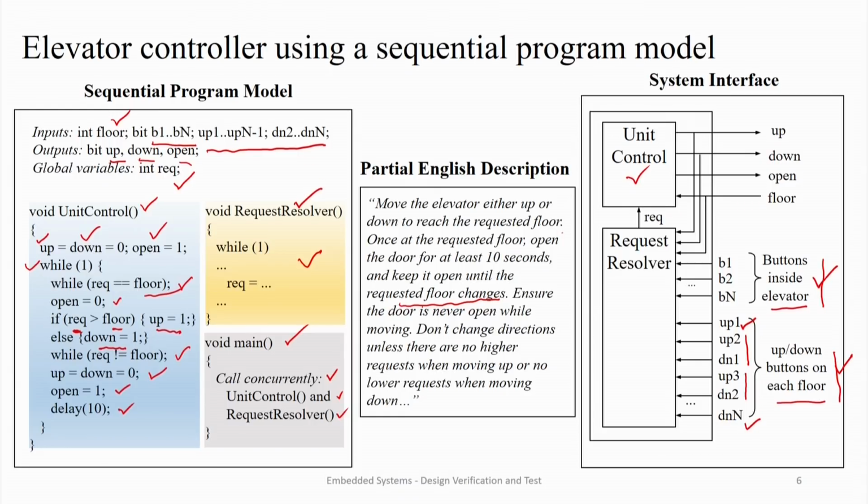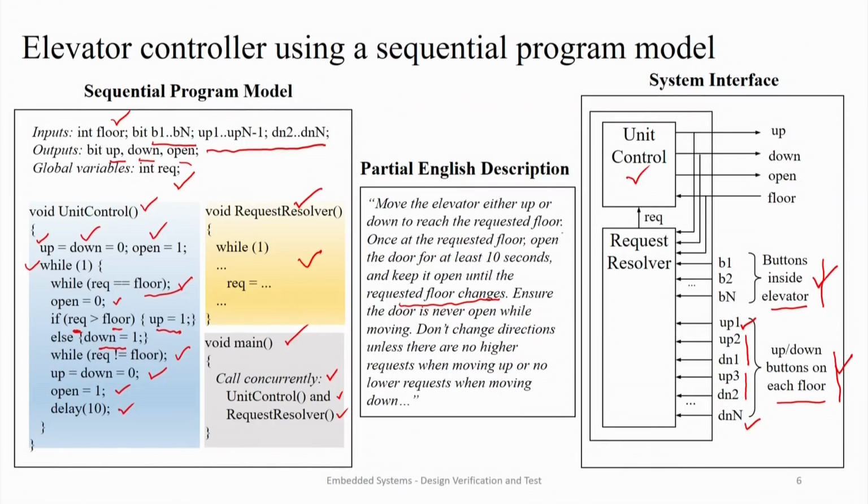Based on this request, the unit controller will move to the requested floor, generating control outputs up, down, open, etc. In this process, the unit controller will always keep in its knowledge the value of the floor data input.